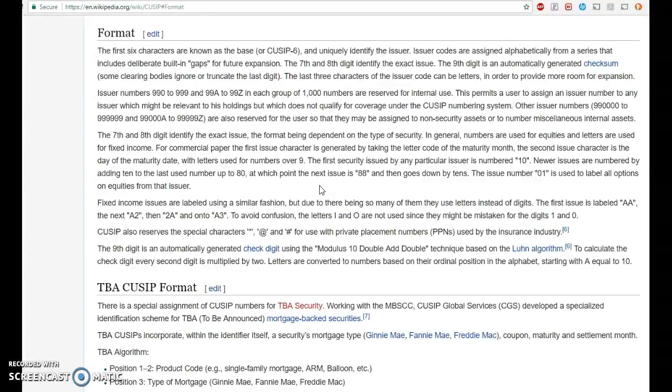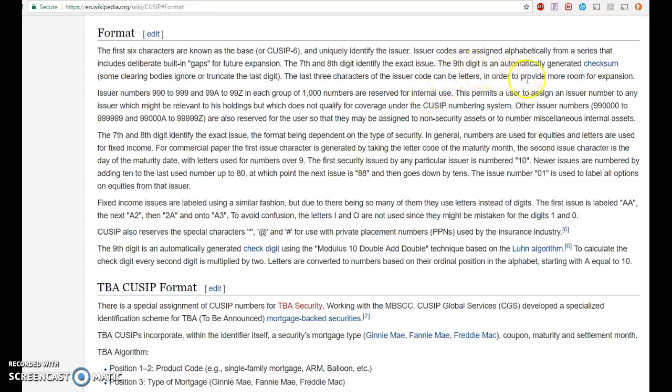The format of a CUSIP number is this. The first 6 characters are known as the base, or CUSIP 6, and uniquely identify the issuer. Issuer codes are assigned alphabetically from a series that includes deliberate built-in gaps for future expansion. The 7th and 8th digits identify the exact issue.